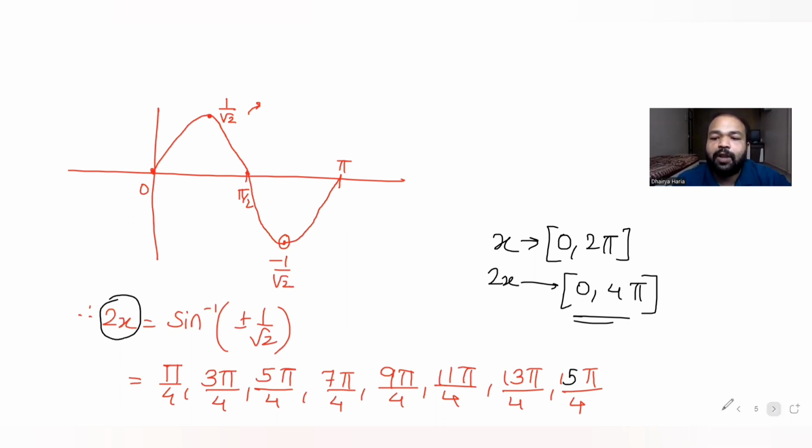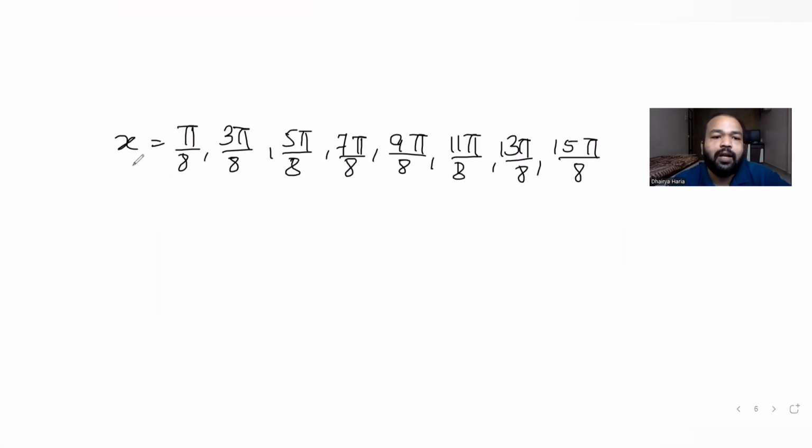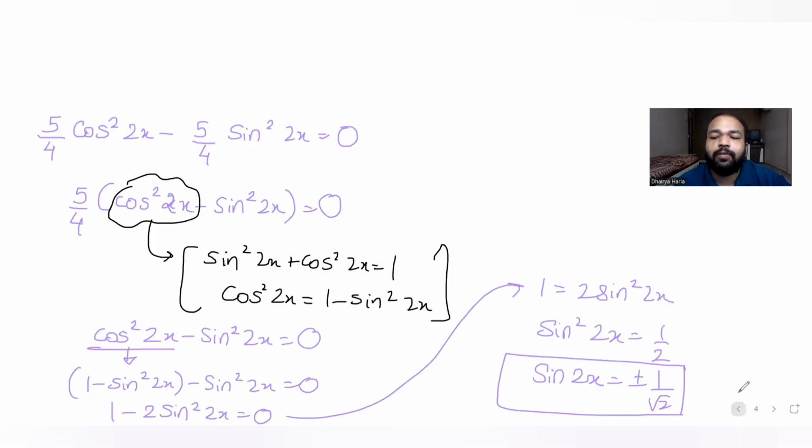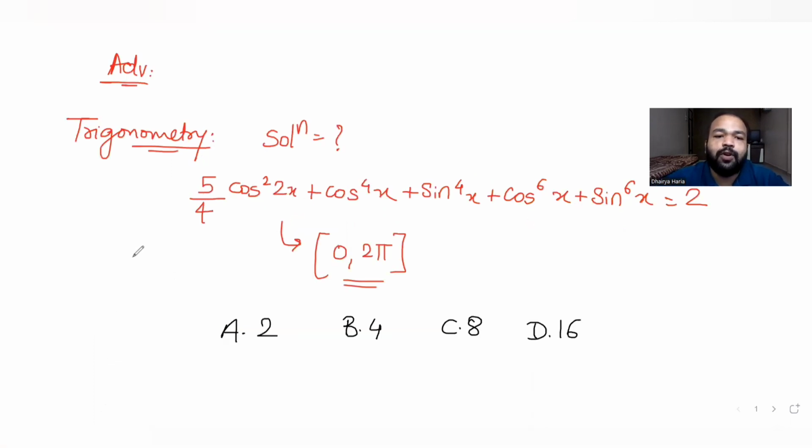So how many values of x satisfy that? The number of distinct solutions for this question is eight. So eight solutions are possible for this equation, which was 5 by 4 cos square 2x plus cos raised to 4 x plus sin raised to 4 x plus cos raised to 6 x plus sin raised to 6 x equal to 2 in the interval of x lying between 0 to 2 pi.